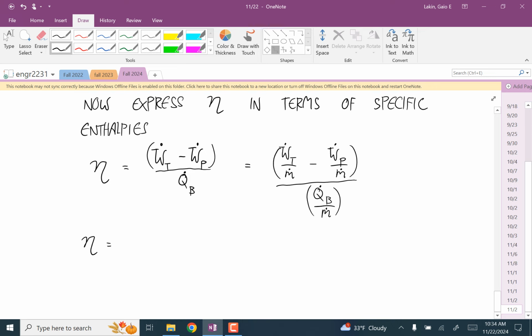So eta is equal to h1 minus h2 minus the quantity h4 minus h3, divided by h1 minus h4.